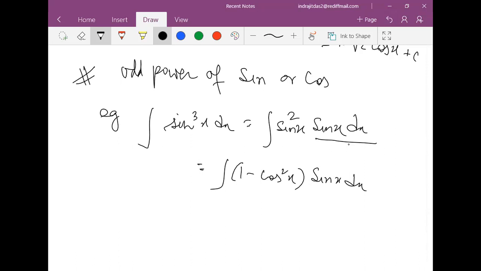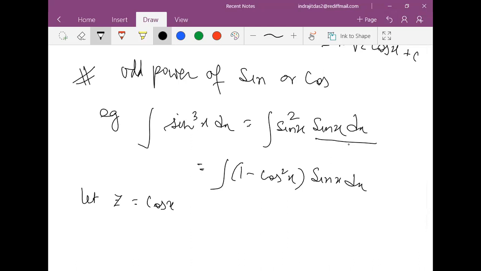So now we will be substituting z is equal to cos x. This is the easiest thing. And always for the odd power of sine x or cos x, you just take one sine x or cos x, whatever the question is, with dx, and the other part will be the even power.